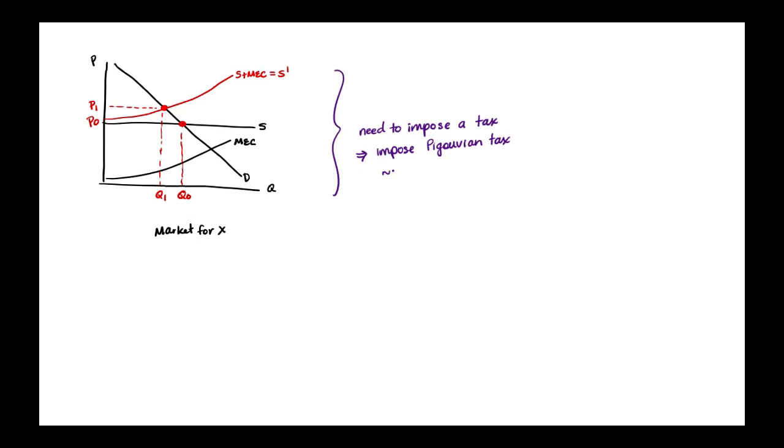But a Pigouvian tax is the optimal tax that's necessary to have the market operating at the socially efficient level or socially optimal level.